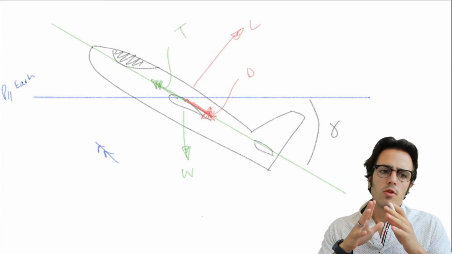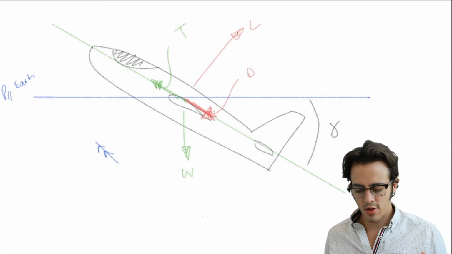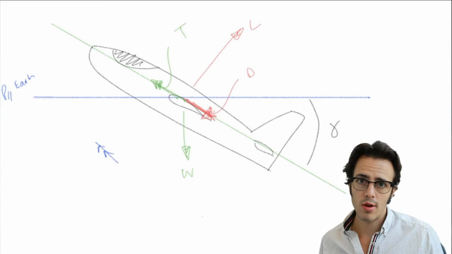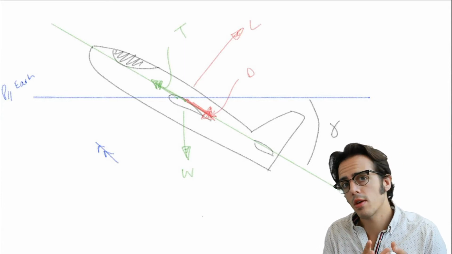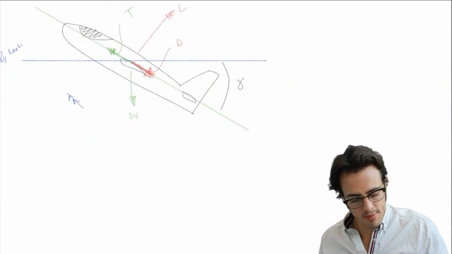Okay, so as before, we're going to develop some relationships using the relationships that are normal to and parallel to the velocity to come up with force equilibrium to work out what's going on in a steady climb.